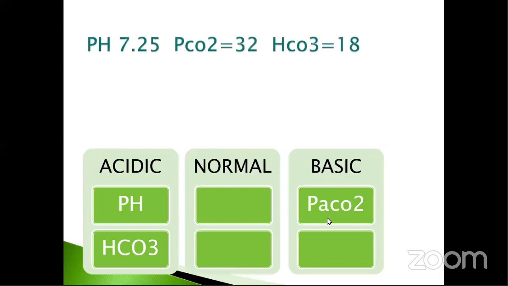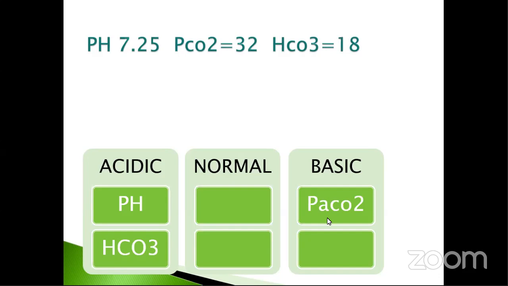So we have the ABG with pH 7.25, PaCO2 of 32, and bicarbonate of 18. Knowing the normal values, as I mentioned previously, we can place the pH in the acidic box, bicarbonate also in the acidic box, and the PaCO2 in the basic box. So we have metabolic acidosis here. It's very easy to interpret.